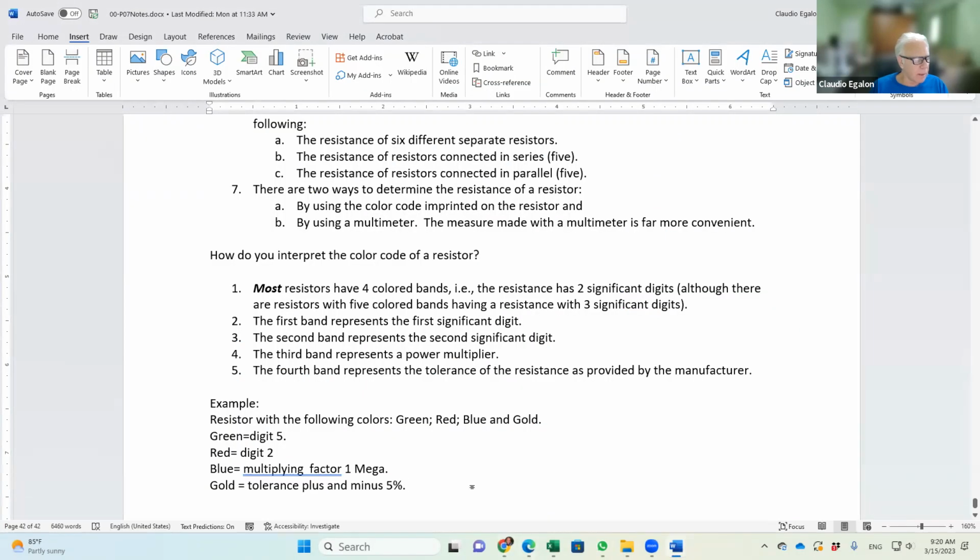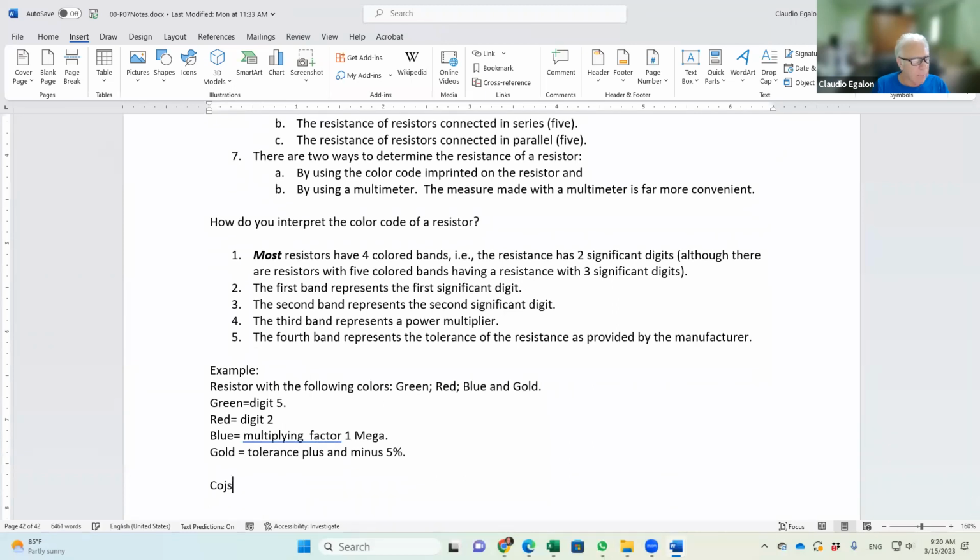So let's put those things together. So consequently, for that specific example, the resistance is 52 times 10 to the 6th power with a tolerance of plus and minus 5%.